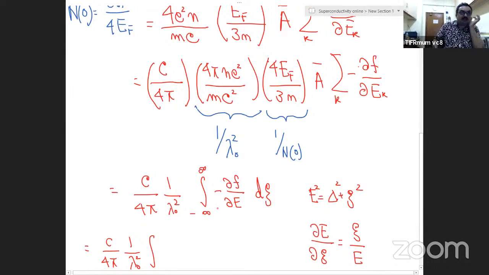But when I do dE, then minus infinity to infinity will become minus infinity to delta and then delta to infinity. But again, from particle hole symmetry, I know that the integral from minus infinity to delta and delta to infinity are identical. So I'll put a 2 and I will sum here delta to infinity. I'll just keep the positive one for simplicity.